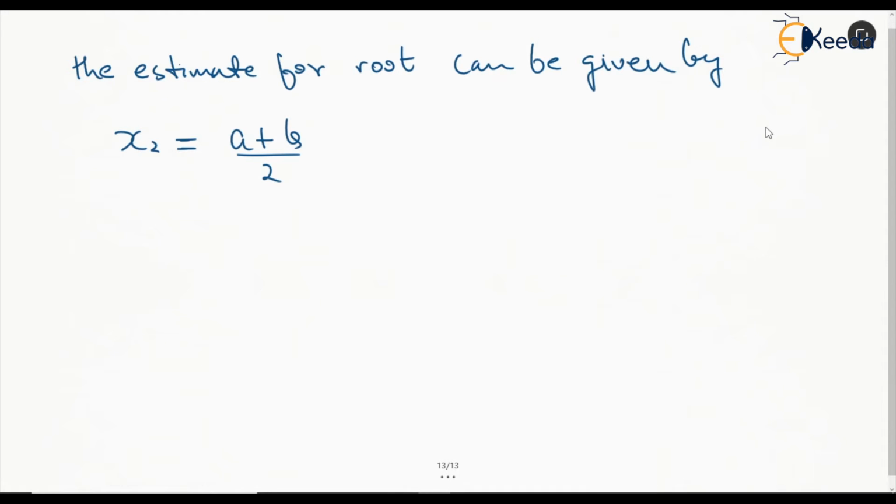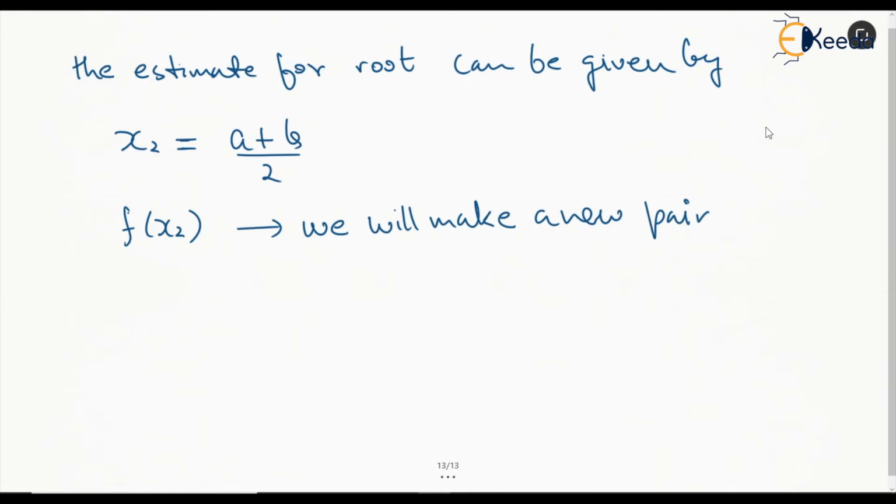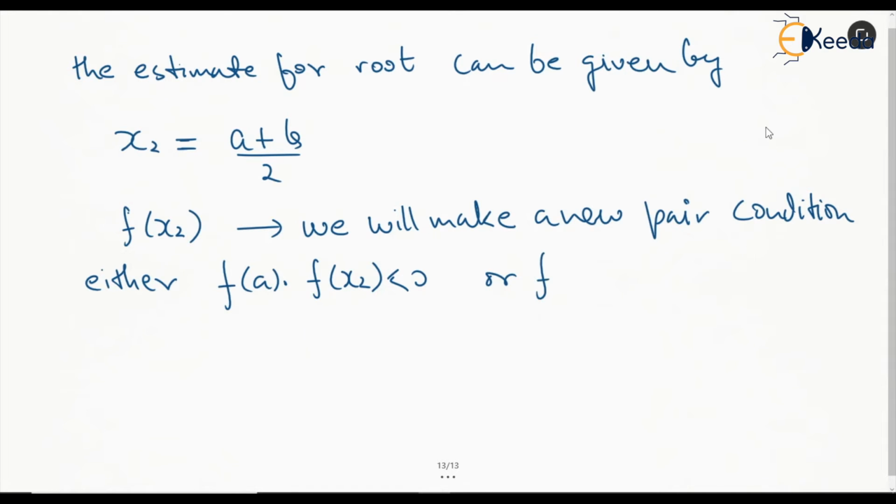Now we will check the function value at x2 and make a new pair, that is, we will make a new pair condition: either f of a into f of x2 is less than 0, or f of b into f of x2 is less than 0.